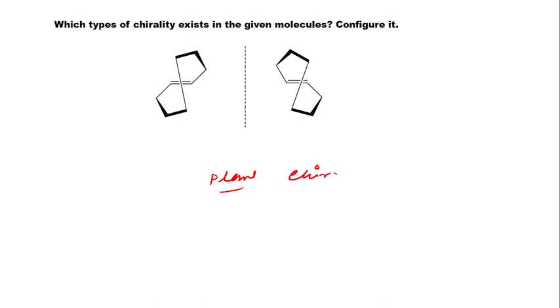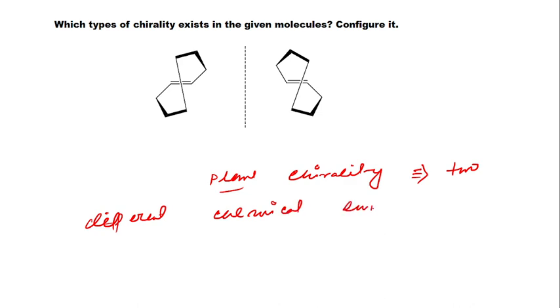Plane chirality, because there are two different chemical environments on both sides of the plane.